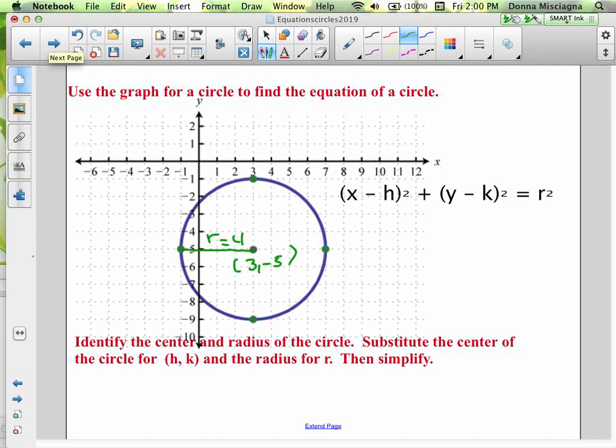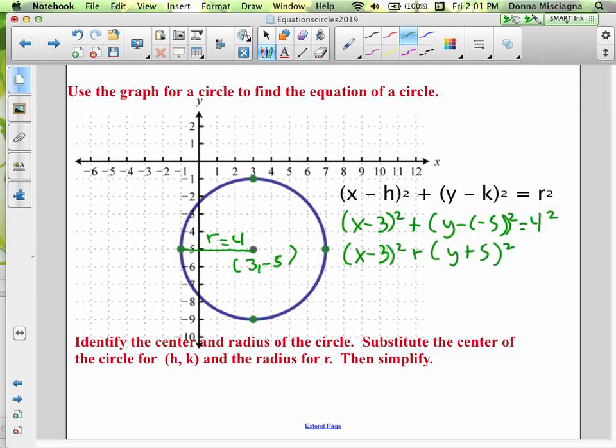So Angel, what's the equation for this circle? All right, it's going to be x minus 3 squared plus y minus negative 5 squared equals 4 squared. All right, so we have x minus 3 squared plus y plus 5 squared equals 16. And that's just how easy it is. So super easy.